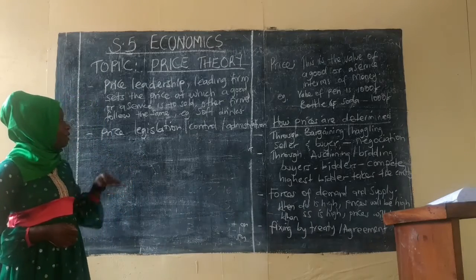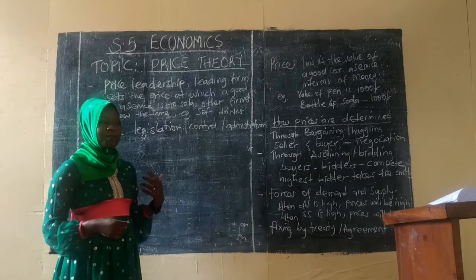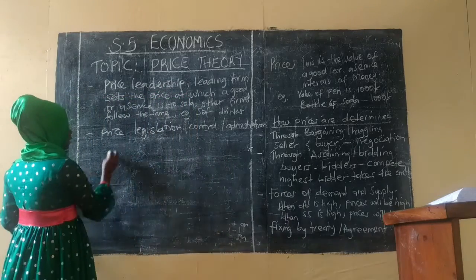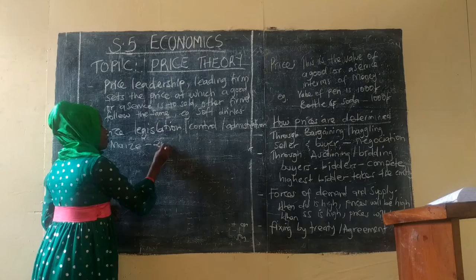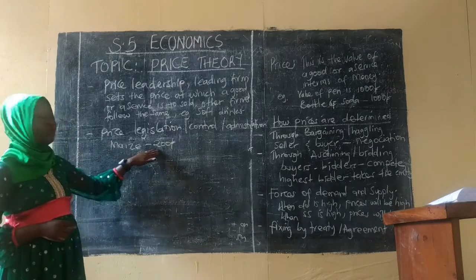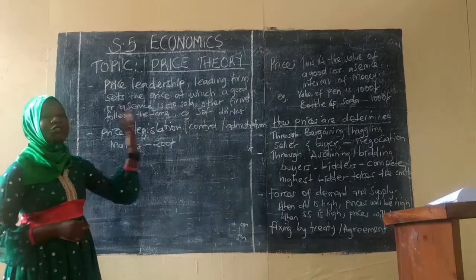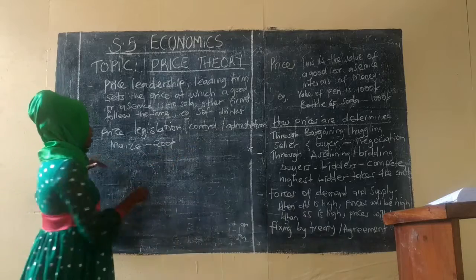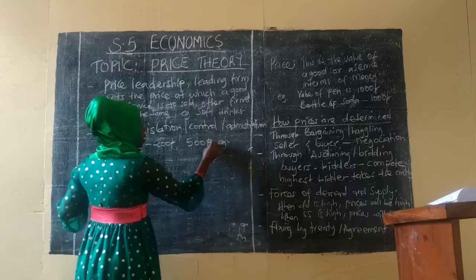We have a very great example of the agricultural products, like what happened, was it in 2018, when the prices of maize fell. The prices of maize were as low as 200 shillings per kilo. And because this was discouraging the farmers or the sellers, the government had to come in and intervene, put a price control, and then it put 500 shillings per kilo.